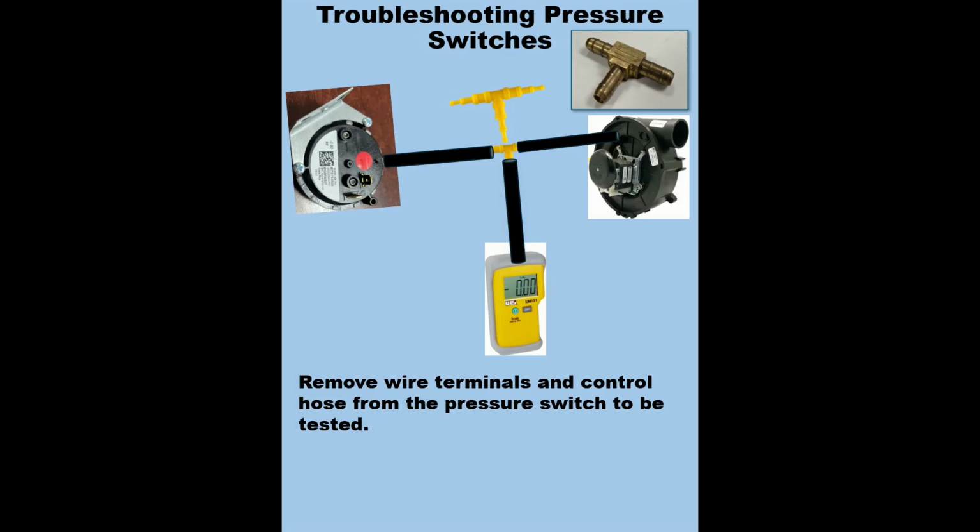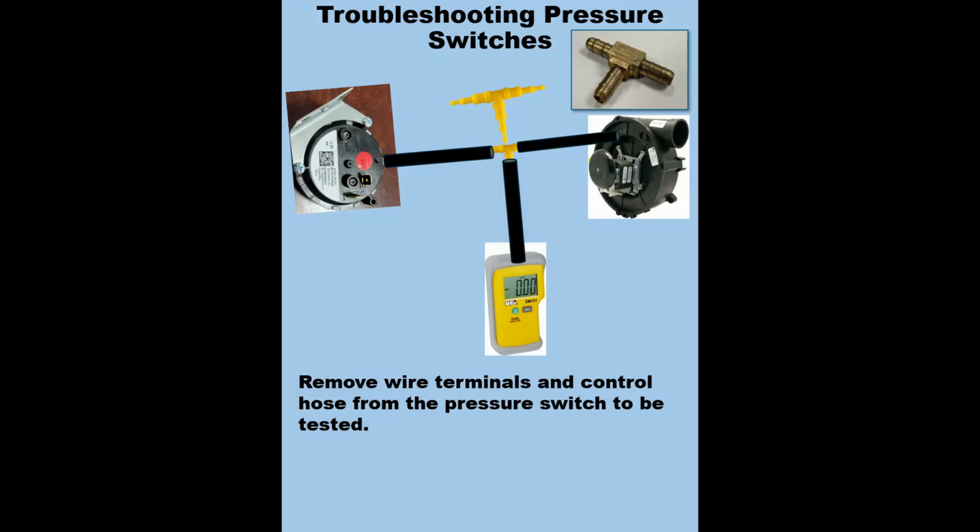Troubleshooting pressure switches. Here you see that you can remove the wire from the terminals and control hose from the pressure switch to be tested, and you set it up so that you're putting your manometer in line, because that vacuum is measured in inches of water column also. If you have one of the UEI kits, it has a little four-way, little T, and also has pressure tips and tubing in it, but we're talking about checking the vacuum pressure on the pressure switches right now.